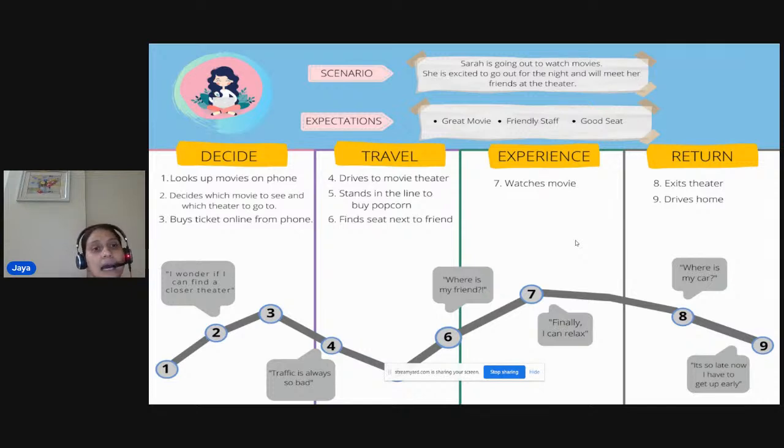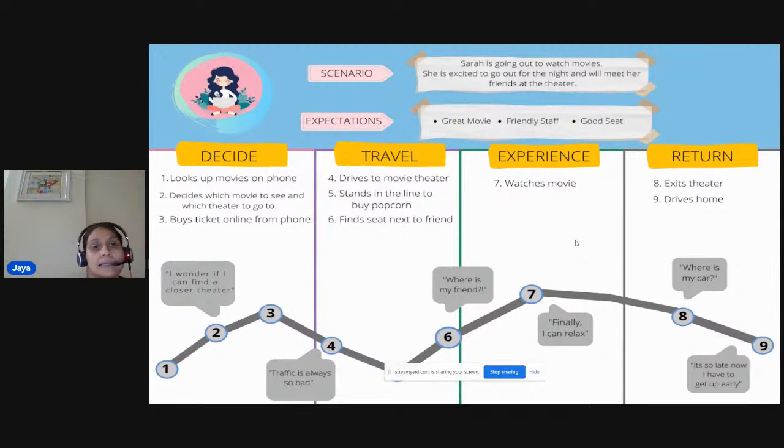Now, that scenario includes four steps. The first step is decide, the second is travel, the third is experience, and the fourth is return. So what do you understand by decide? When it comes to deciding, Sarah has to look for a movie that is really good, with good reviews and a good story.